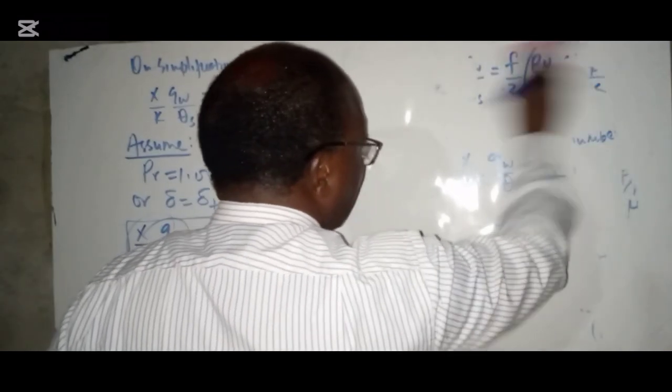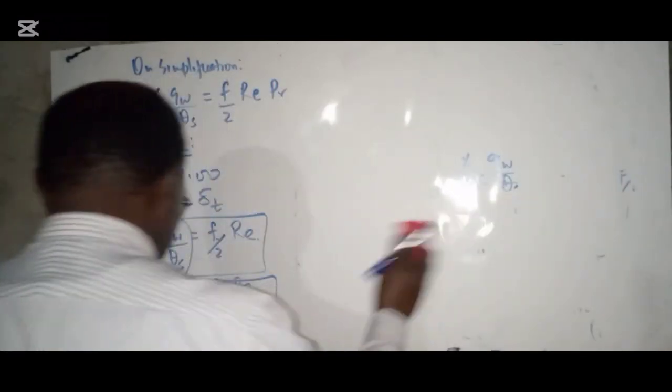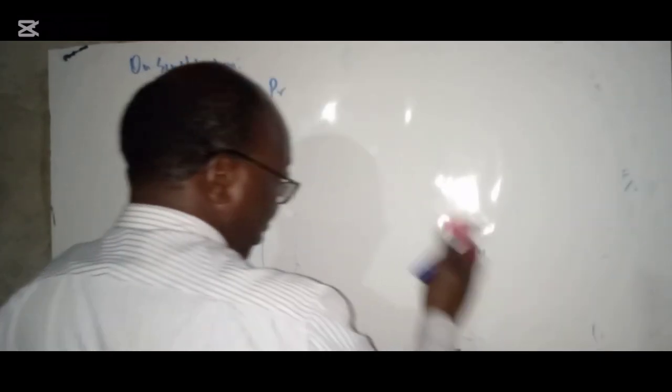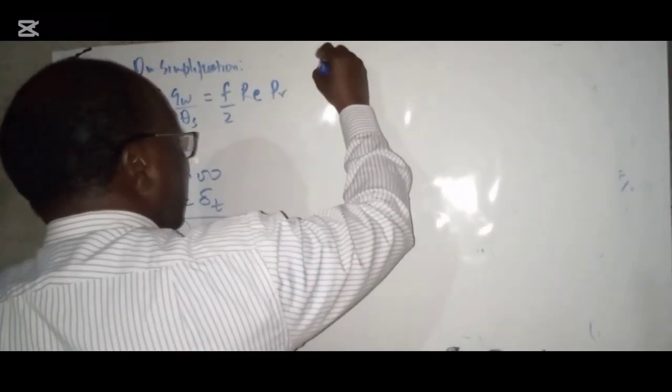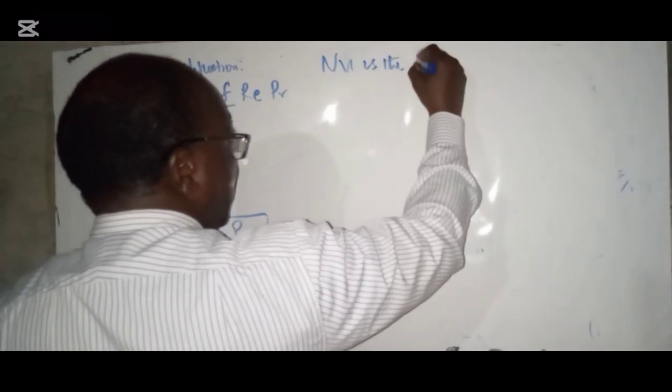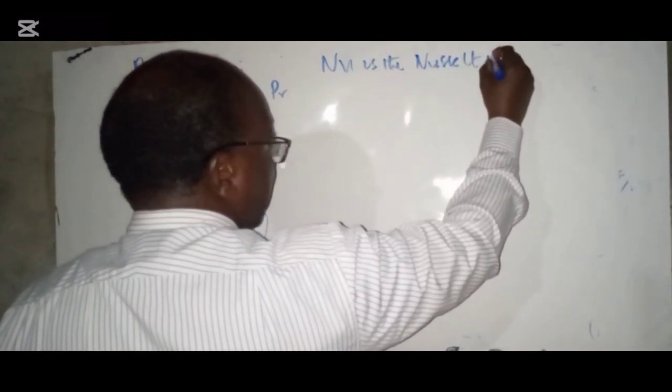That is very important for us to note: this quantity here, we lump it and call it the Nusselt number at point x, that will be f over 2 times the Reynolds number at x, where Nu is the Nusselt number.